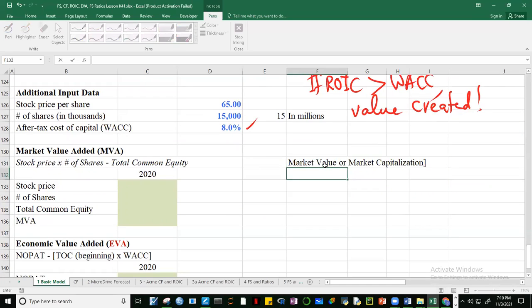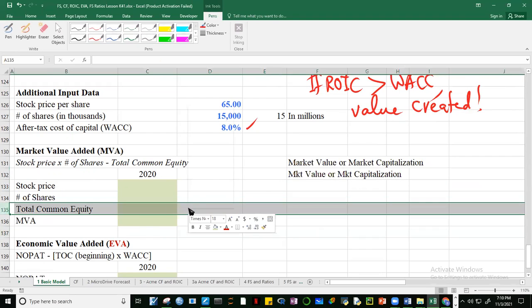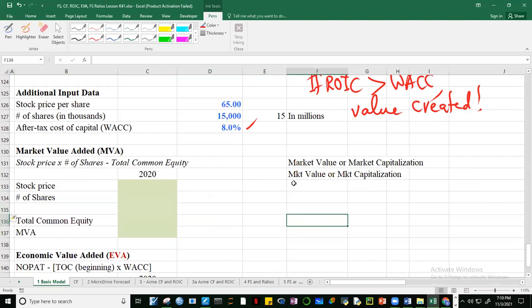Shortcut ko na lang, market value. Let's first compute for the market capitalization. So I'm going to insert this one, Control-C, Control-V.